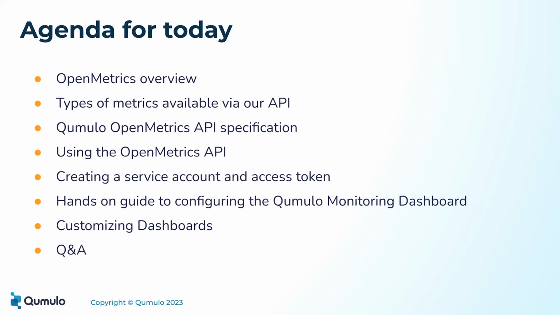And then we will run a hands-on guide to configuring the Qumulo Monitoring Dashboard, a project that we published on GitHub that allows you to visualize all this and collect all this data in your own environment. We'll talk a little bit about customizing the dashboards so you get to see the data that you are interested in. And then we'll do a quick Q&A session at the end.